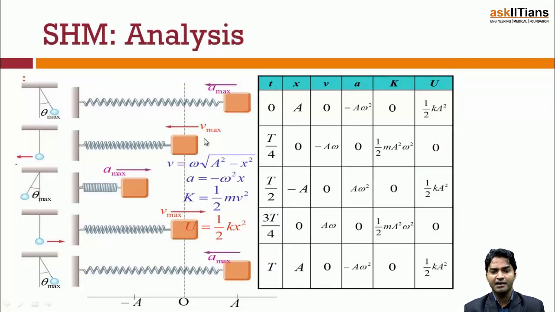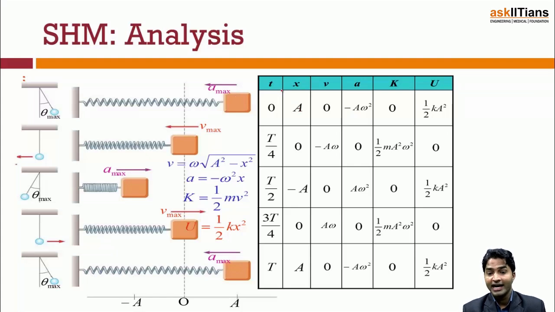In the next part we will discuss the SHM analysis. In this part, if we consider a spring connected with a block, its acceleration is in opposite phase to the displacement, because due to the restoring force it would like to take the system to the mean position, which is opposite in direction to the displacement.